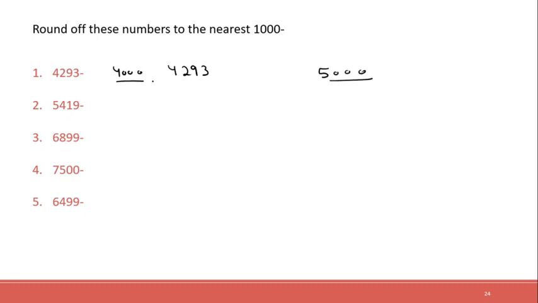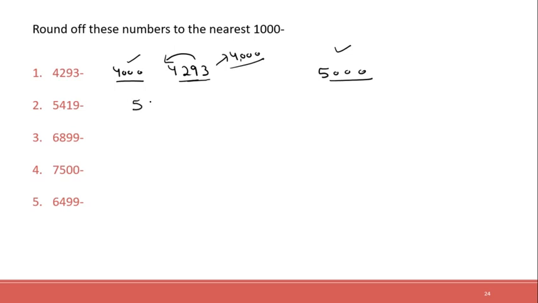That means the two nearest thousand numbers are 4000 and 5000, but it is nearer to 4000. That means we will round it off to 4000.